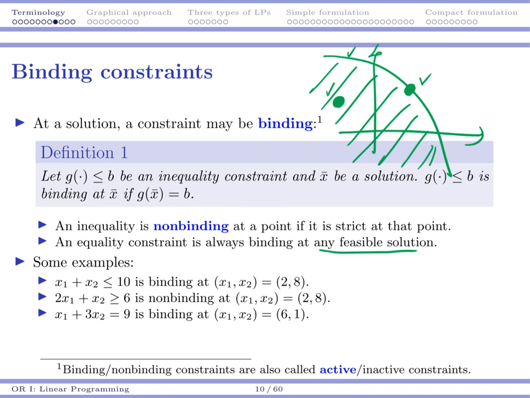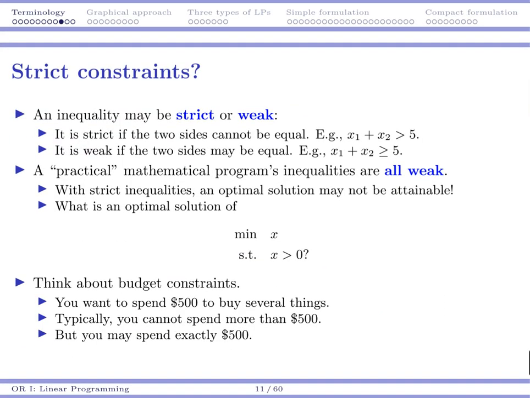Lastly, binding and non-binding are sometimes called active and inactive constraints by some other scholars. They are pretty much the same thing. Whether a constraint is binding at one point basically means whether it is active at that point.